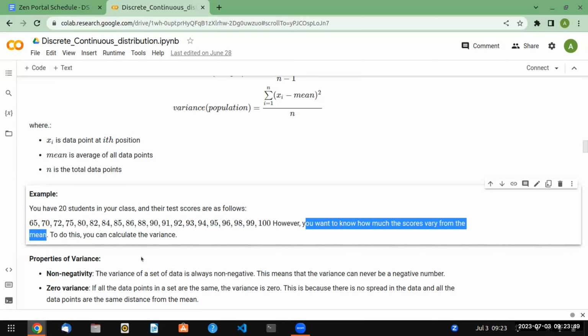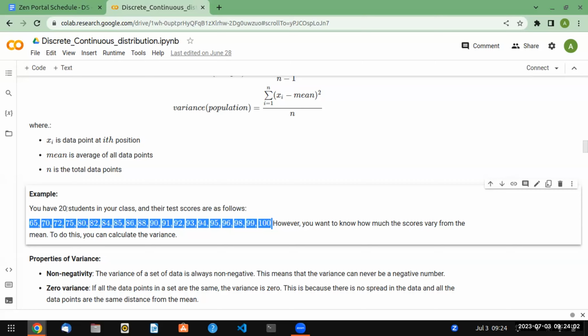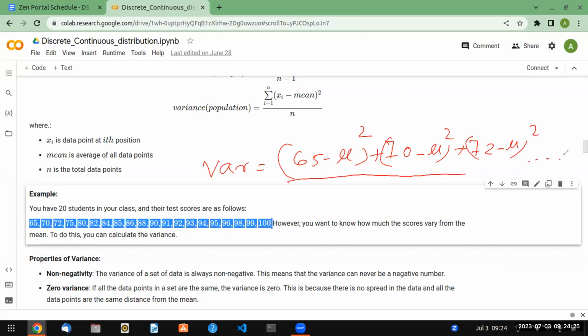Now tell me, how do you calculate the mean of this data? Total numbers divided by 20. Adding them and dividing by 20. So 65 plus 70 plus 72, 75, till 100 you need to add and divide by 20. That will give you your mu. Now tell me how to calculate the variance here. 65 minus mu squared, plus 70 minus mu squared, plus 72 minus mu squared, like this till 100.